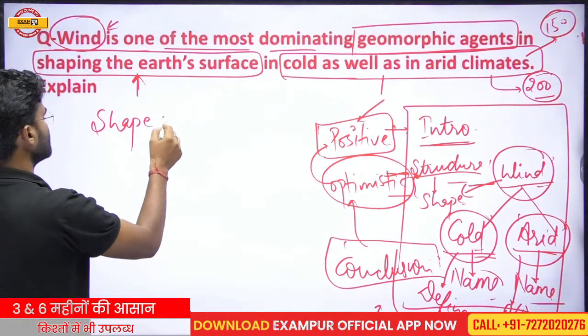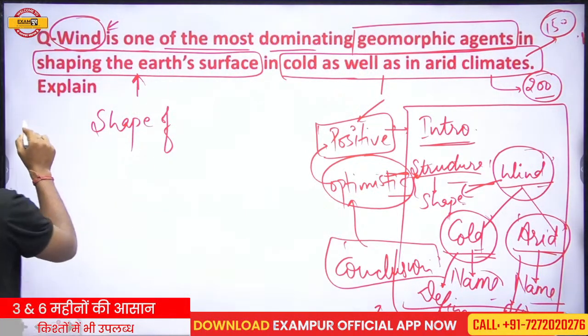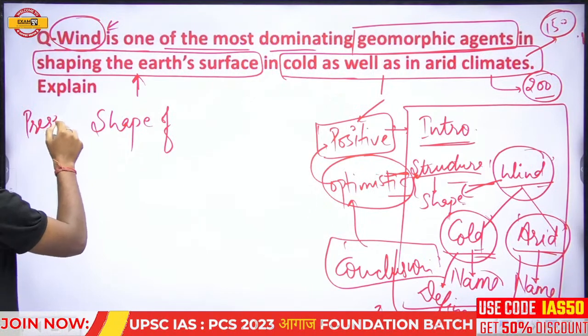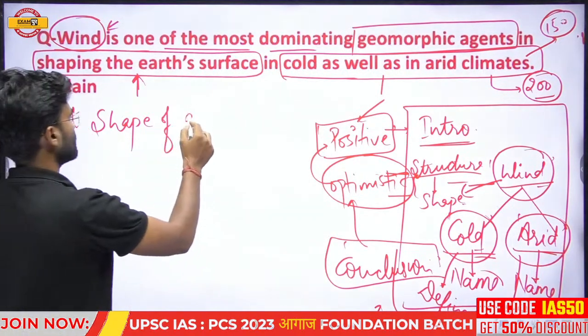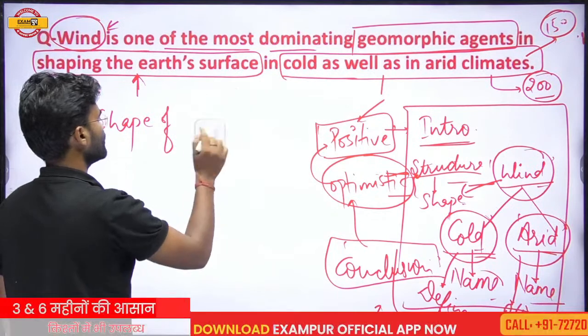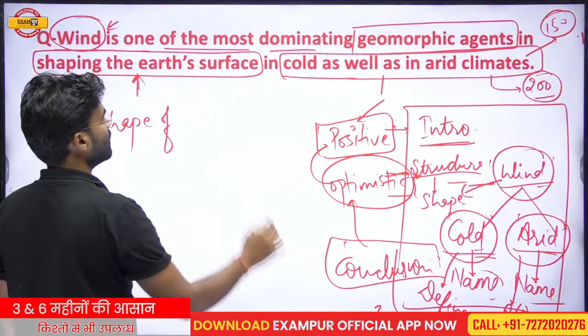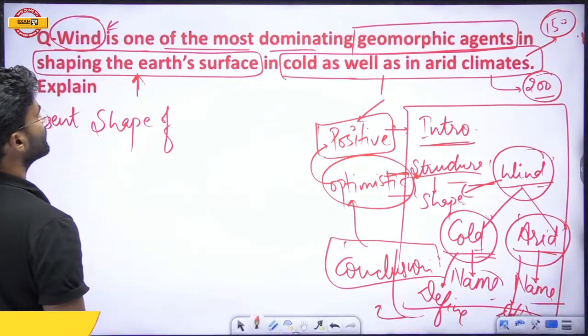You can start with the present shape of the Earth. What is the question?